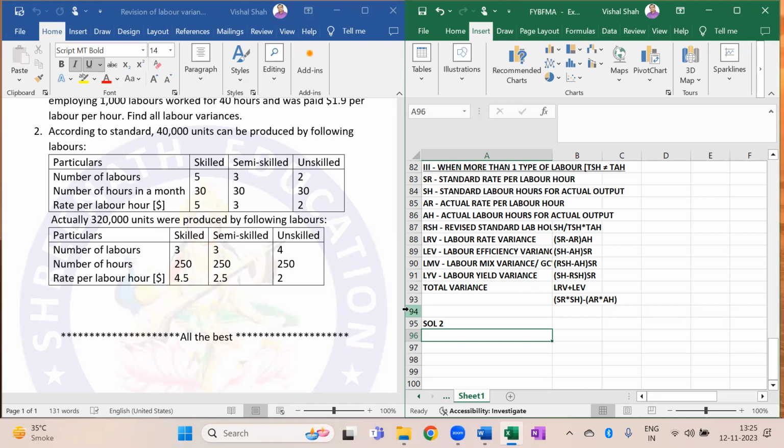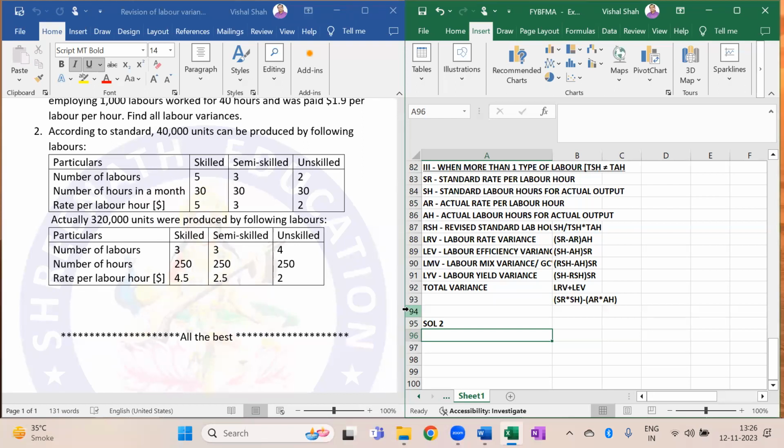All the laborers work uniformly for 30 hours, and then they can make 40,000 units. They are paid per labor per hour $5 for skilled, $3 for semi-skilled, and $2 for unskilled. This is all standard data given for 40,000 units.